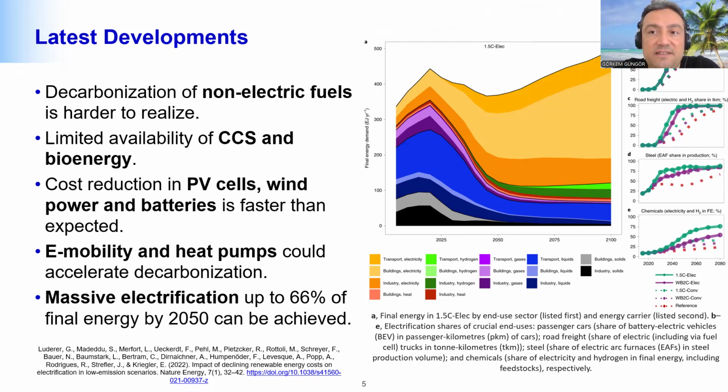And the article's modeling results state that massive electrification up to 66% of final energy by the middle of the century could be achieved with support mechanisms and climate policies.